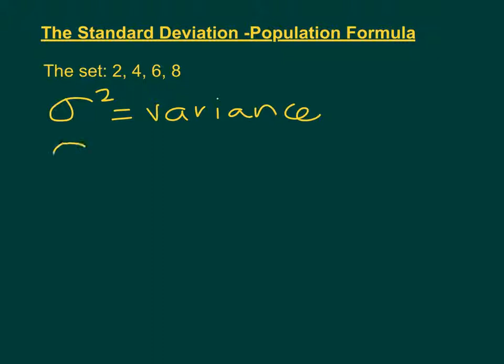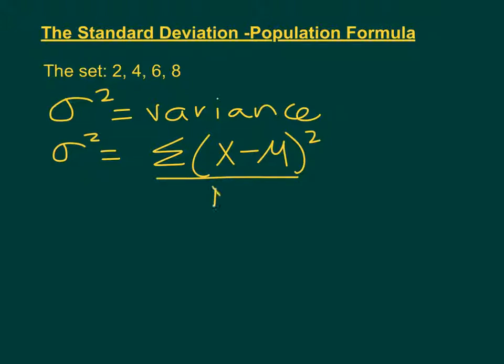The formula is sigma squared is equal to the sum of each of those differences from the mean squared, the sum of the deviations, divided by the whole population. So what you have here, remember that we're using this mu because it's the population, and a capital N because it's a population.